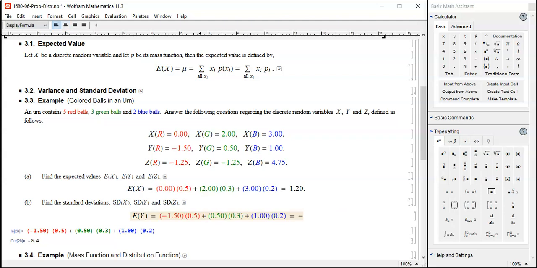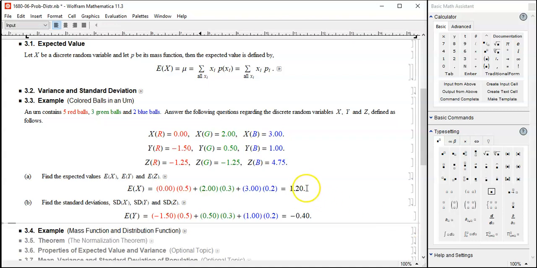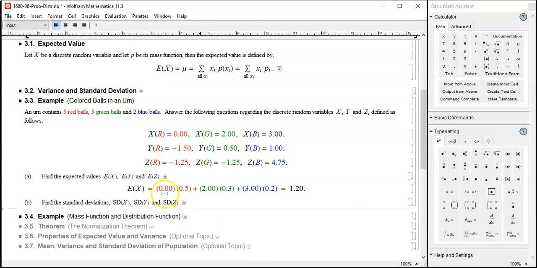Okay, negative 0.4. So if you play the first game, then you are expecting to win $1.20 each time you play the game. And if you play the second game, you're expected to lose about 40 cents each time. And if you repeat it for something like 100,000 times, then it averages out to losing about this much each time.